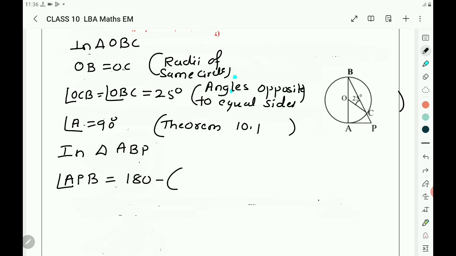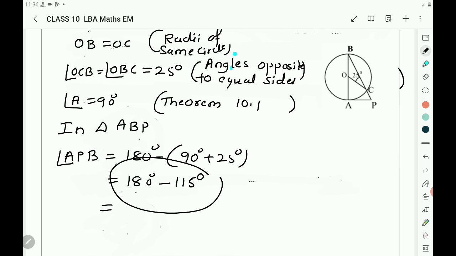By using the angle sum property of the triangle, you can take this 90 degrees plus 25 degrees equals 180 degrees minus the sum of these two. 90 plus 25 is 115.